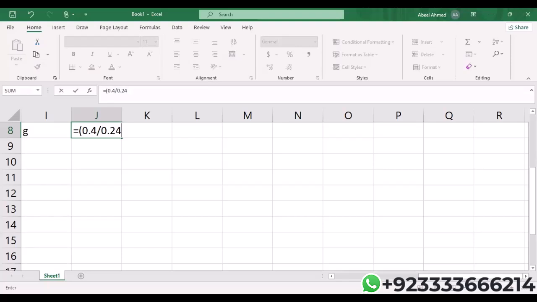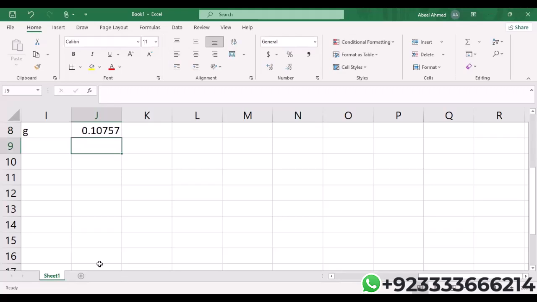Bracket close, shift and 6 power, 1 upon 5 means 0.2. Okay. Then minus 1. Look at this, student. I'm getting this. It's the same. If you convert that into a percentage, and if you want that percentage into points, I hope it is clear to everyone how to get this growth rate. Yes or no? Please quickly reply.